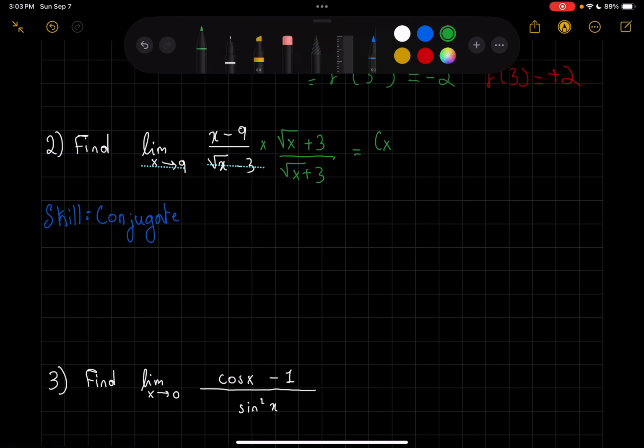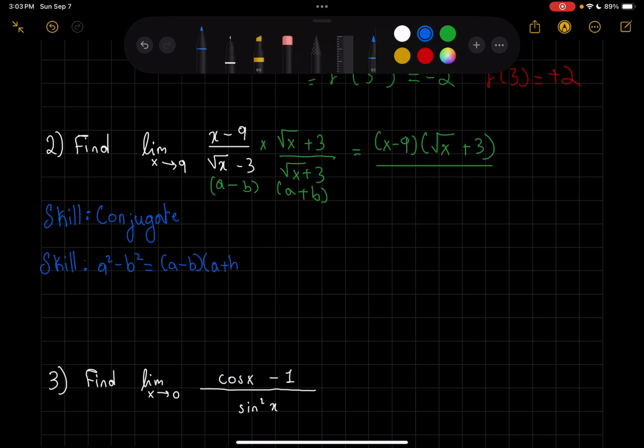Therefore, I will have x minus 9, square root of x plus 3. Now, if you notice in the denominator, it is basically a minus b multiplied by a plus b. So the other skill that we're going to use is a squared minus b squared, which is a minus b times a plus b.